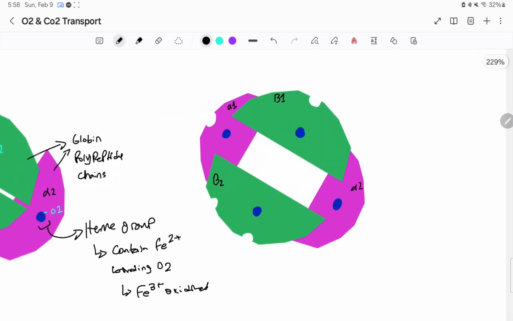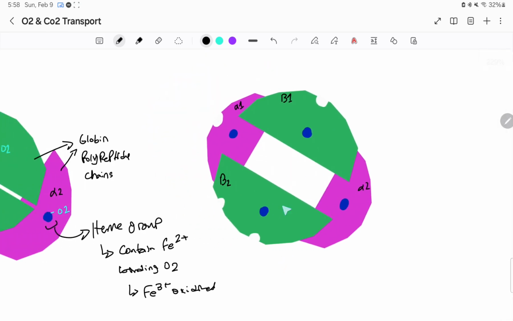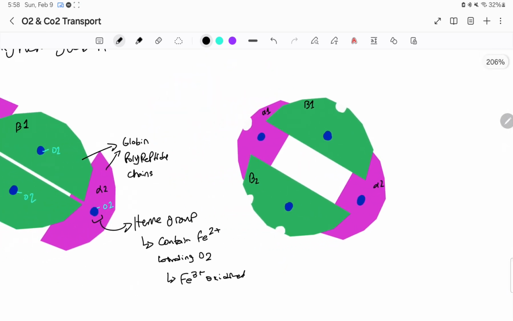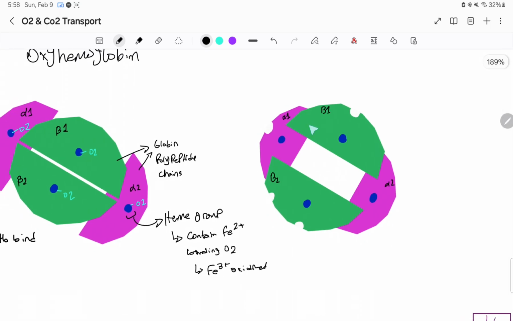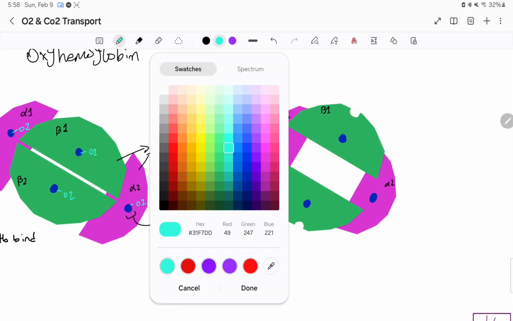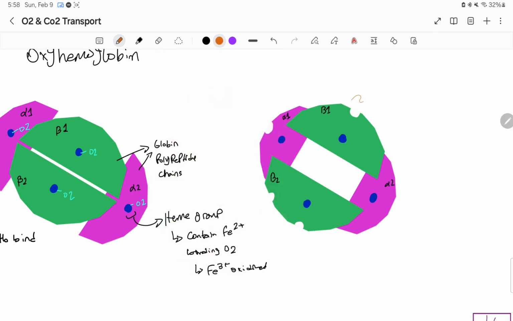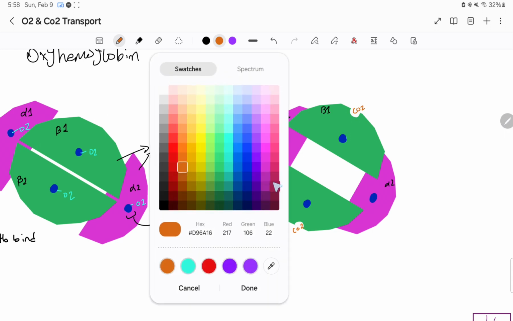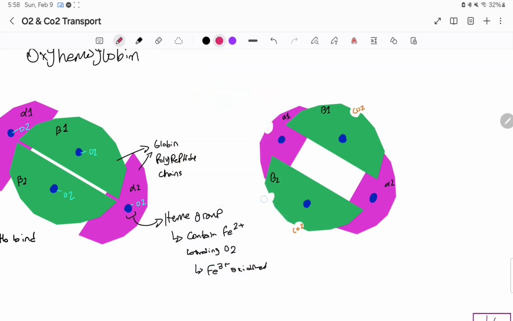But in this scenario, now we have other things binding to hemoglobin instead of oxygen. And those other things, guys, are going to be stuff like CO2. So you're going to have some CO2 binding there, CO2 binding in this pocket. Other things that can bind are going to be protons. Some protons bind here. Some other protons bind here.